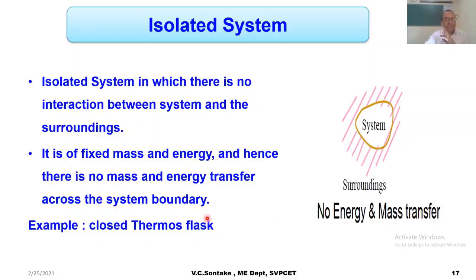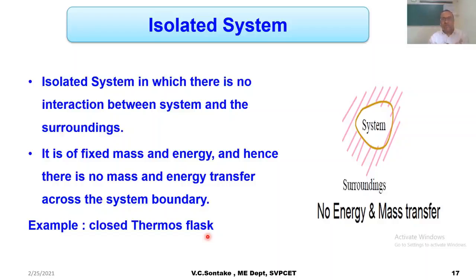Even if we consider a closed thermos flask as an example, it is an isolated system only when its lid is closed. The moment we open the lid to get coffee or hot water, the mass will come out and energy transfer will take place. So it will become an open system. So if you want to keep the thermos flask as an isolated system, we have to keep its lid closed and we cannot get coffee or hot water.